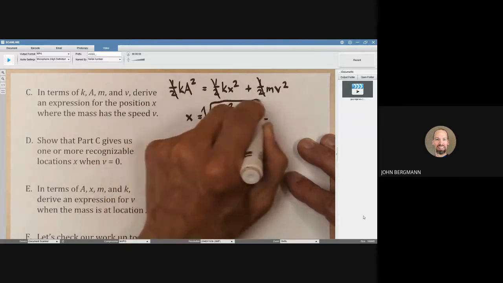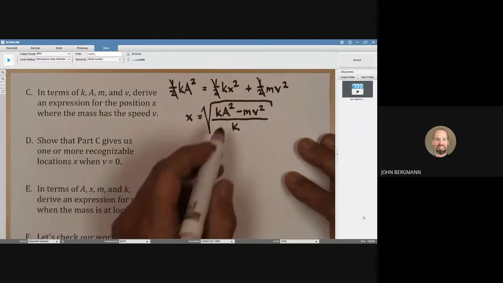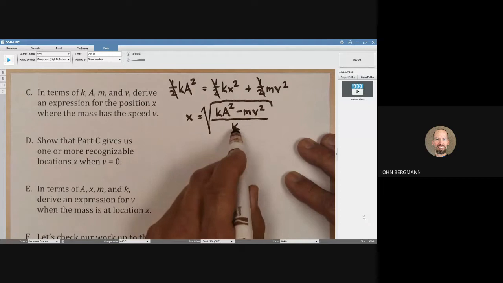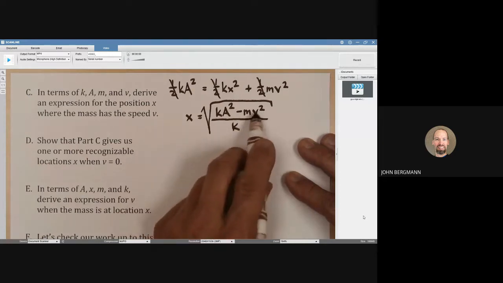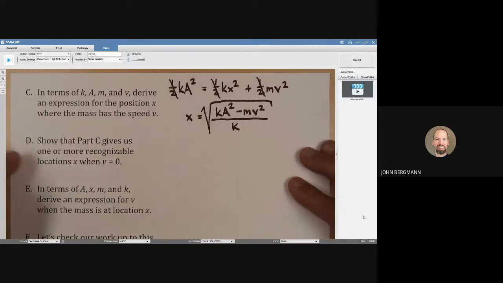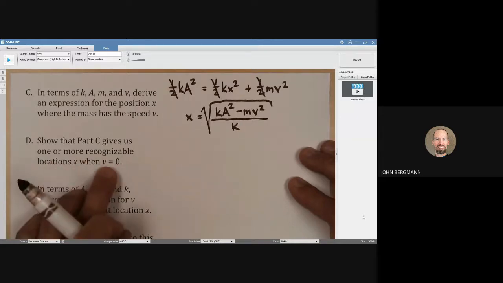If I want to factor out the k, I can do that. That'd be perfectly fine. You want to leave the k's in there, that's fine. You want to put the k just under the fraction of the mv squared, and then just leave a squared by itself out here, that's okay too. All right, letter D. Show that part C gives us one or more recognizable locations x when v equals 0.